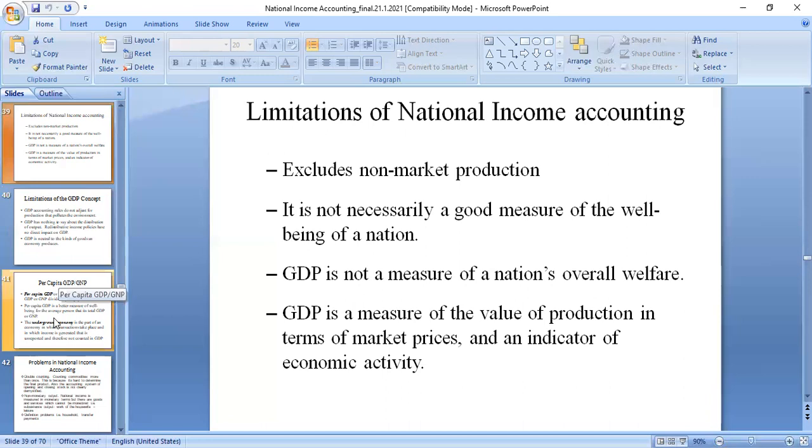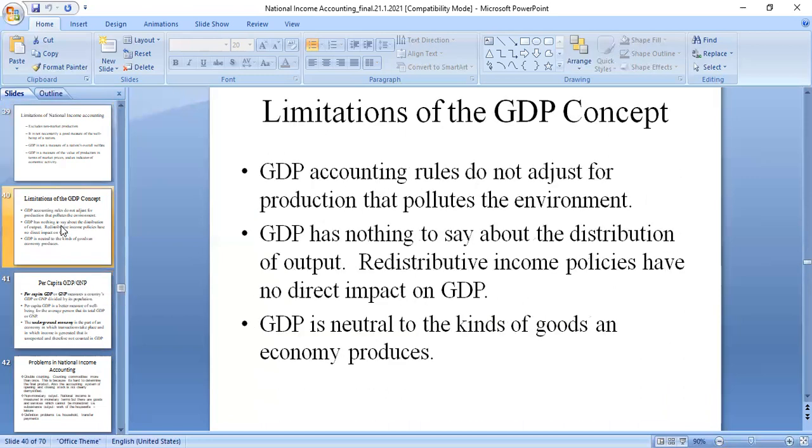It does not consider the non-monetary value of goods and services, right? Then the GDP accounting rules do not adjust for production that pollutes the environment, right? So for example, I don't know if you've attended my microeconomics classes, but we looked at negative externalities, right?